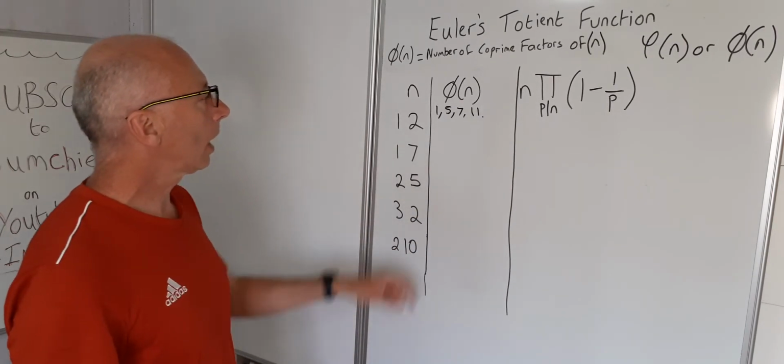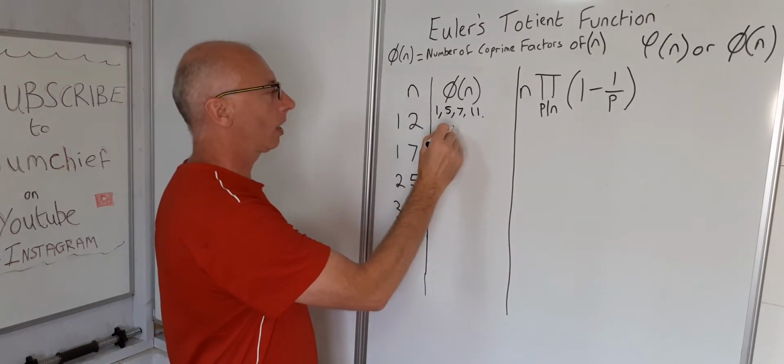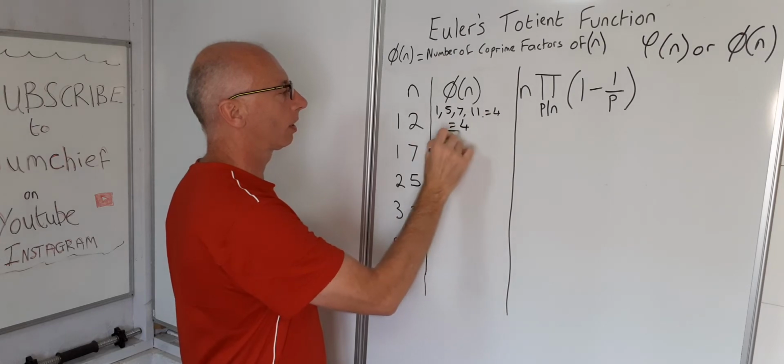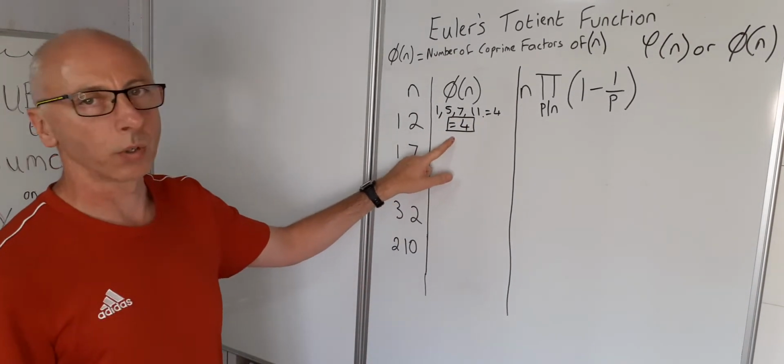So therefore phi of 12 equals 4. There's 4 numbers here, so we're going to say that phi of 12 equals 4.